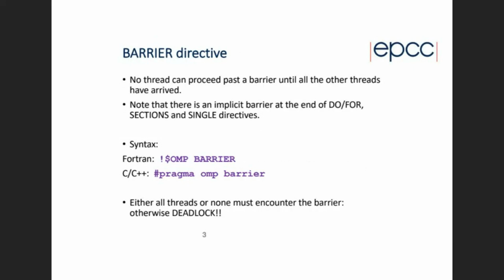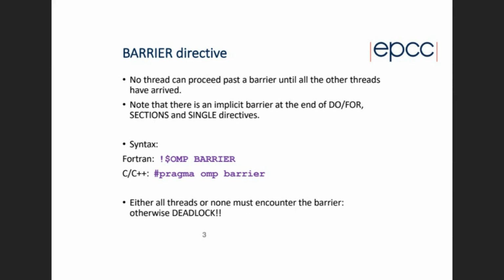Okay, so we've already seen and talked a bit about barrier synchronization. Just to recap, this is a full synchronization point between all the threads in the current parallel region. No thread can proceed past a barrier until all the other threads have arrived at that point in the program.